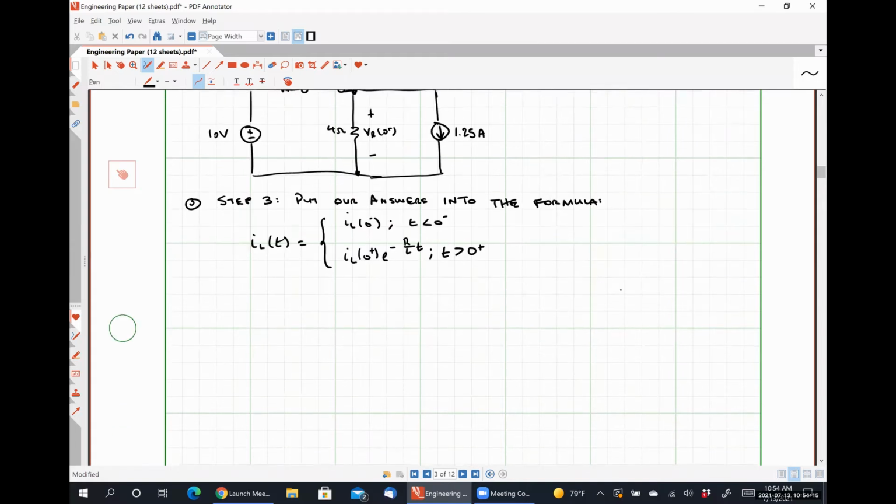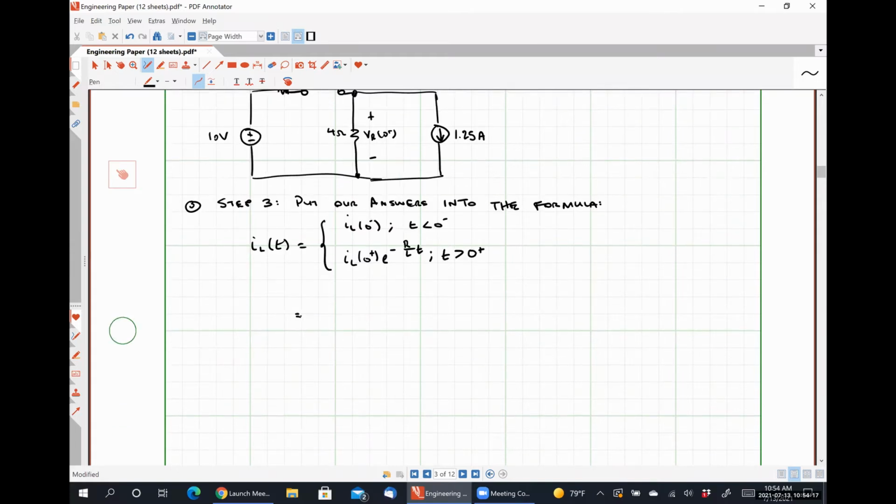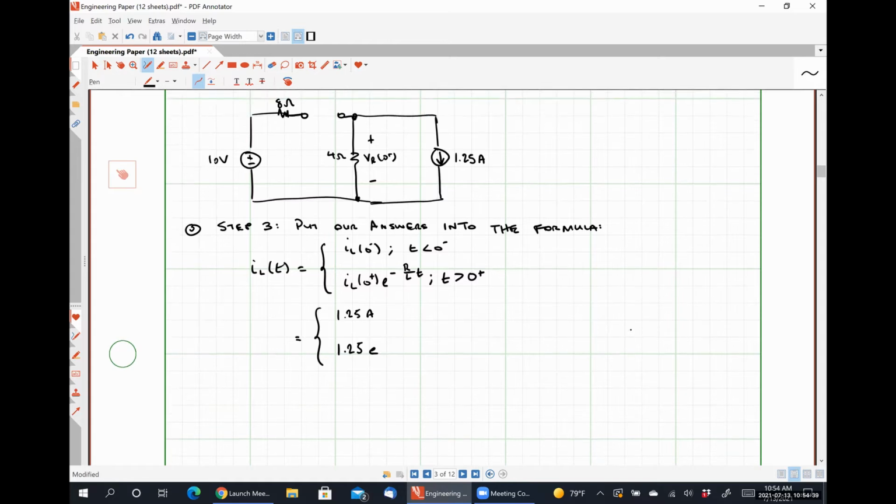All right. So with that in mind, what was IL at 0 minus? 1.25 amps. All right. And then we'll put that same thing, 1.25 e. So what's R over L going to be? Should it just be 4 over 0.5?